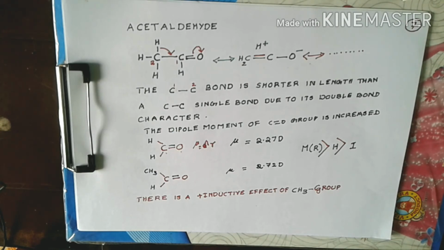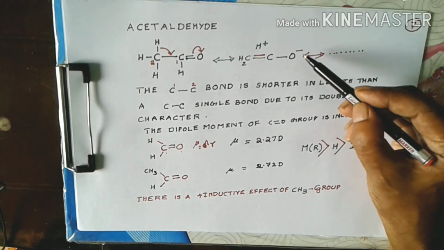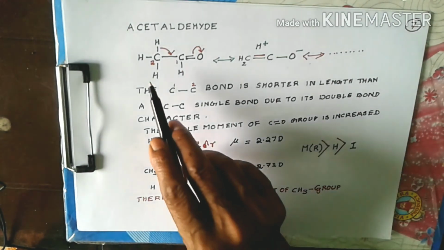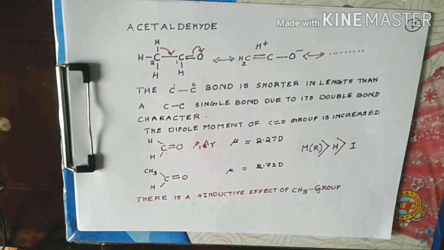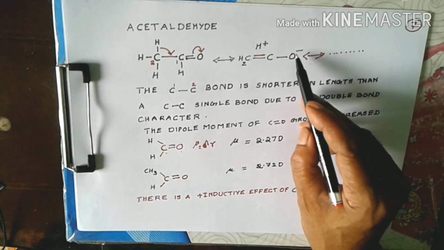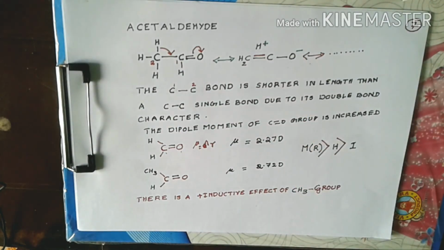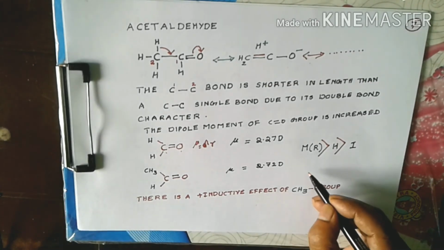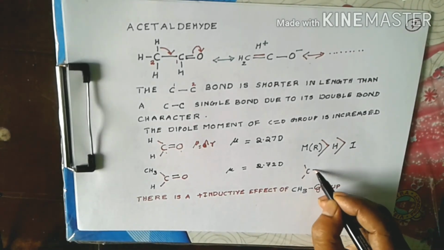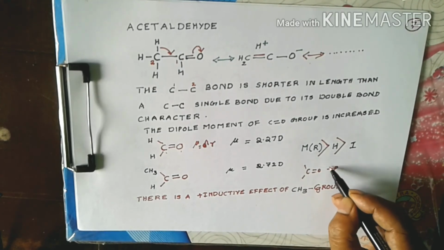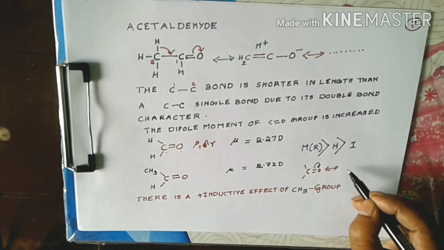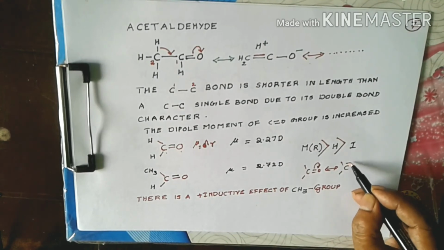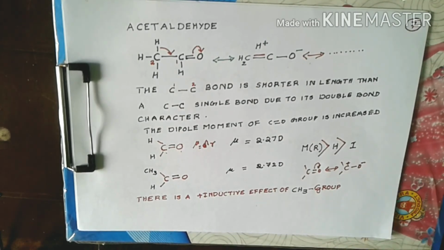So here hyperconjugation is more important than the inductive effect, and due to hyperconjugation the oxygen carries a negative charge, so that the resonance hybrid of acetaldehyde will have a delta negative charge over the oxygen atom. Already in the case of a carbonyl group, there are two resonance structures, C double bond O and C plus O negative.